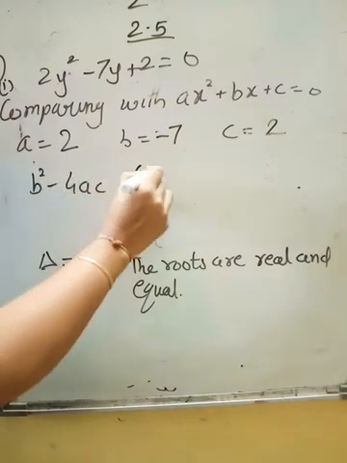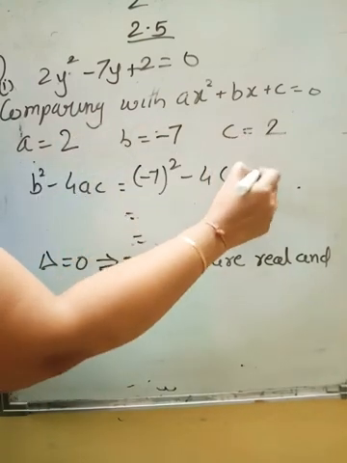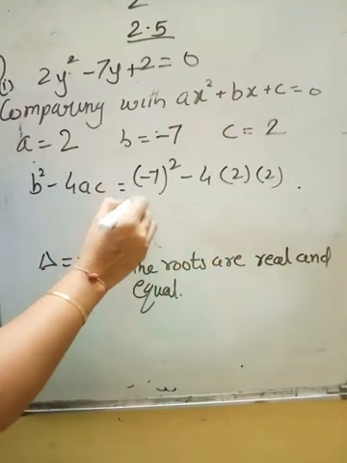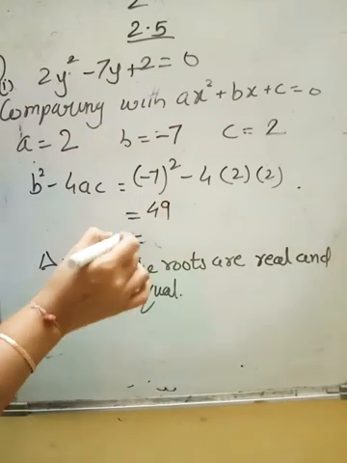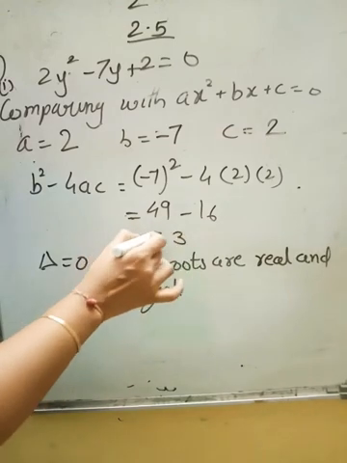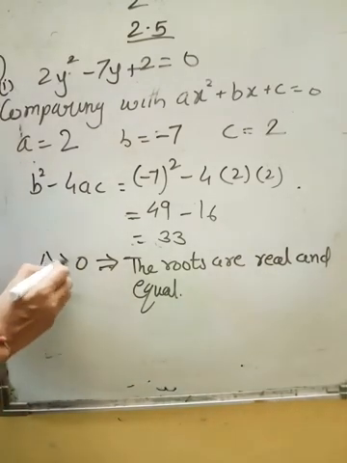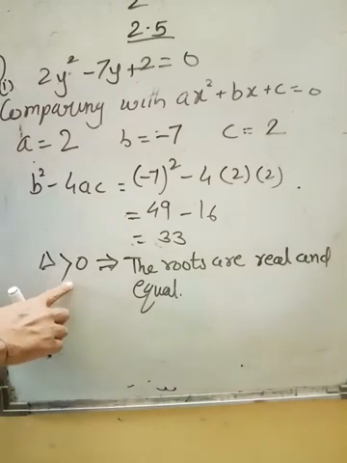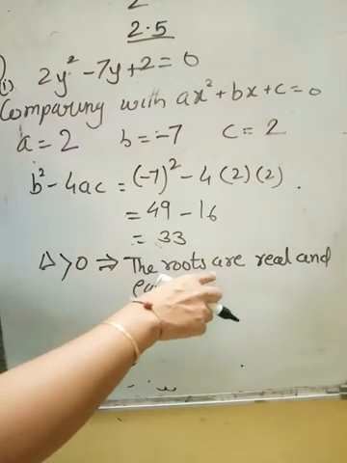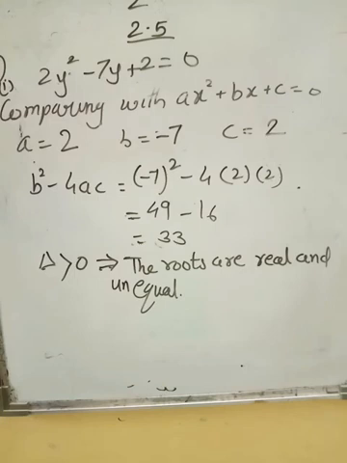So minus 7 the whole square minus 4, a is 2 and c is also 2. So 7 square is 49, 49 minus 16. So the answer will come out to be 33. So what is the discriminant? Discriminant is greater than 0. So roots are real and unequal. So you will write down the roots are real and unequal. Write it down quickly.